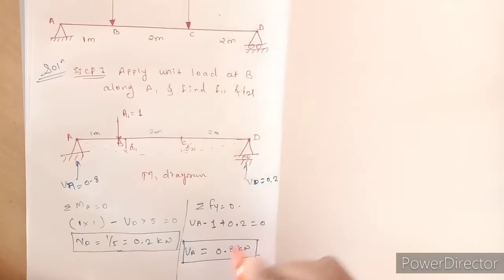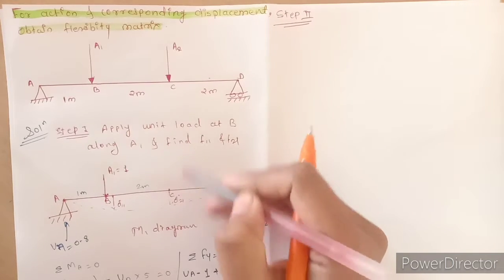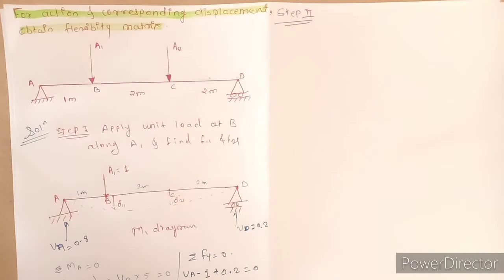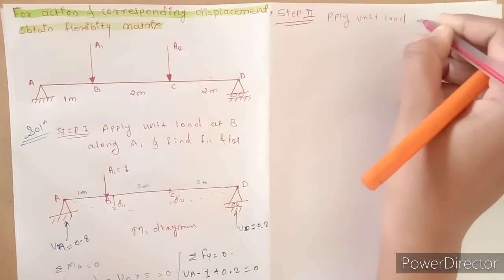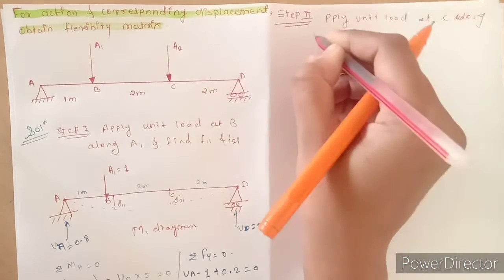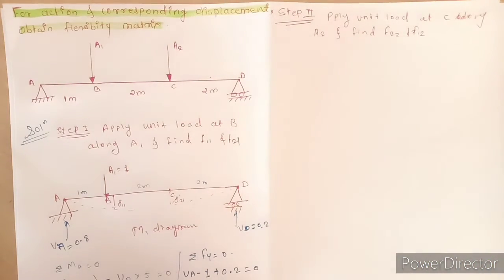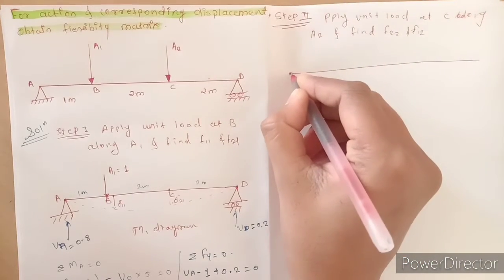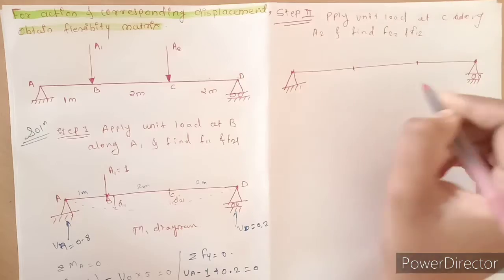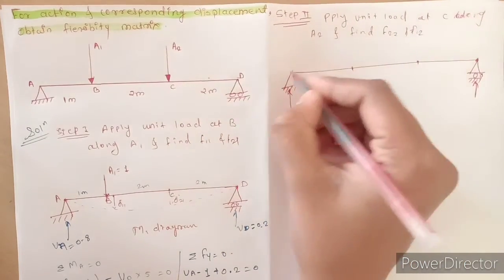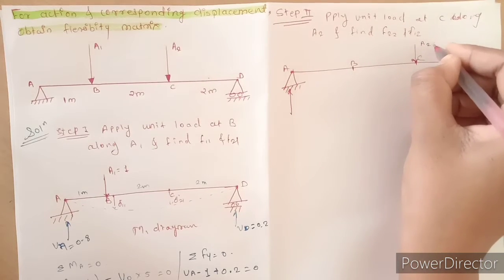Next, step number second: similarly apply a unit load at point C along A2 and find F22 and F12. The diagram is first point A, B, C and last point D. Over this point C apply a unit load, A2 is equal to 1 kilonewton.